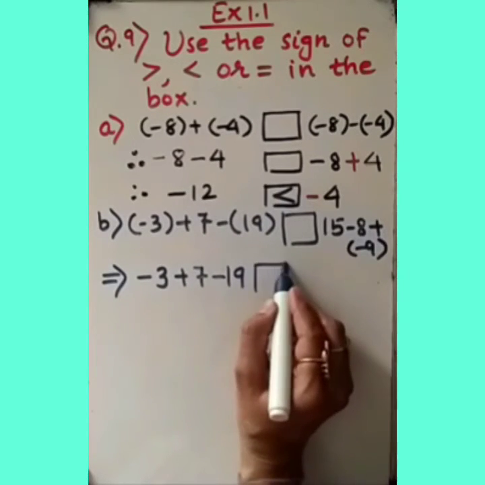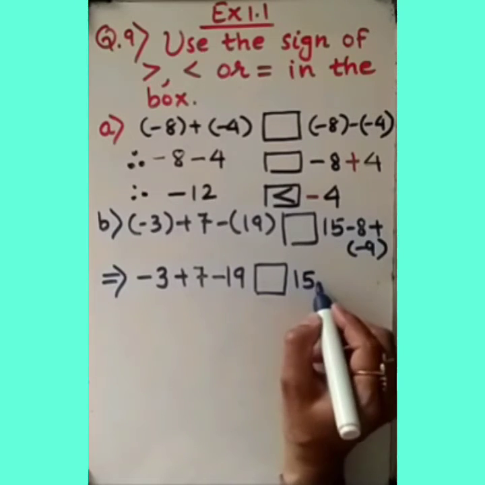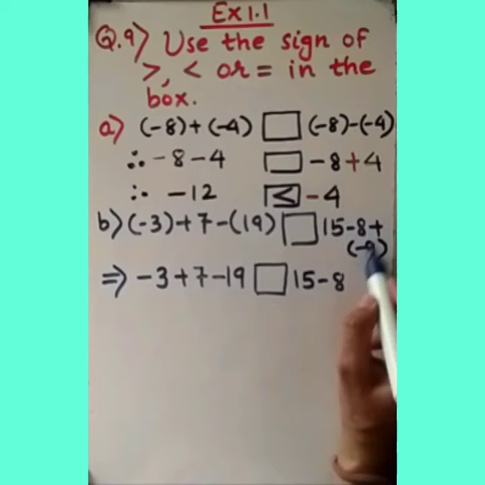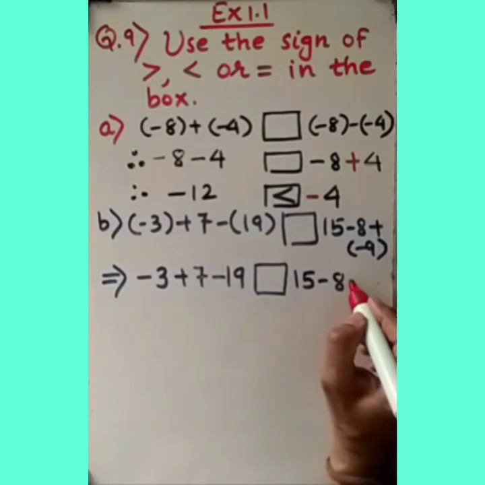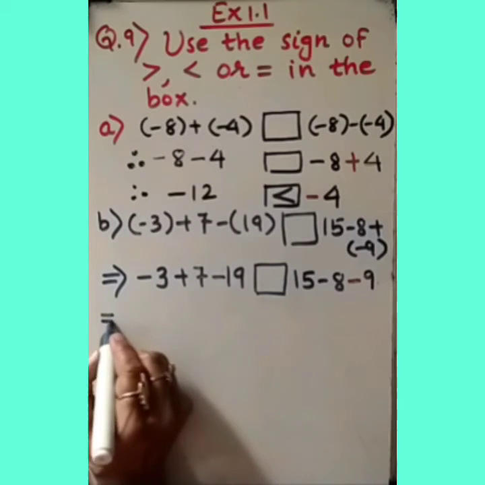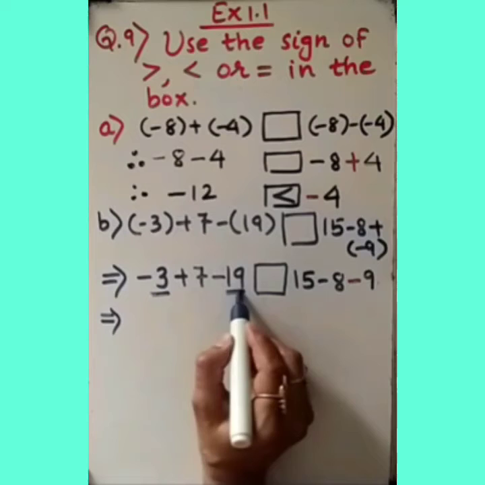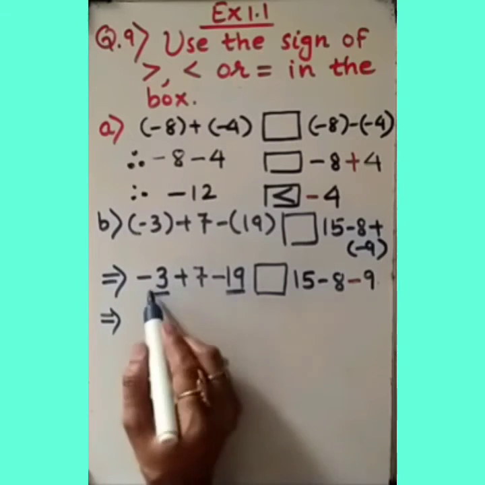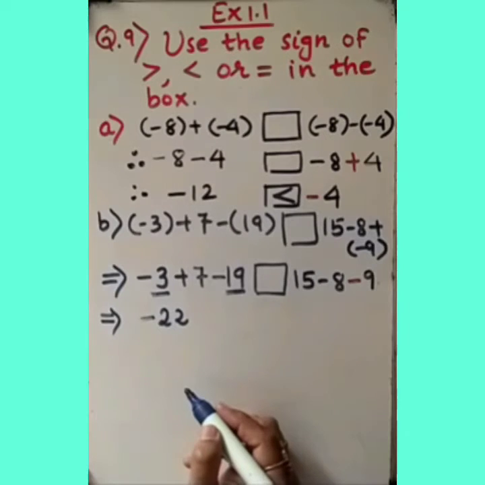Fine. Let me write the box empty. We know that here 15 minus 8 plus minus. All of you know plus minus gives the result minus, so I need to write here 9. Clear? So next, what should I do? -3 minus 19 gives the result -22.